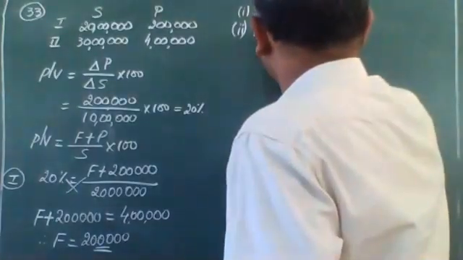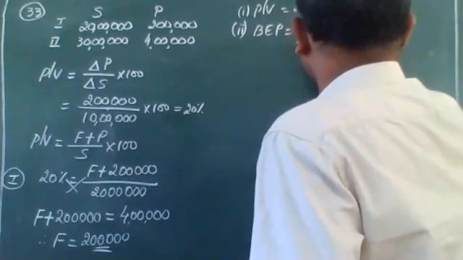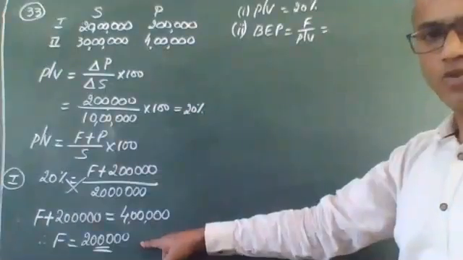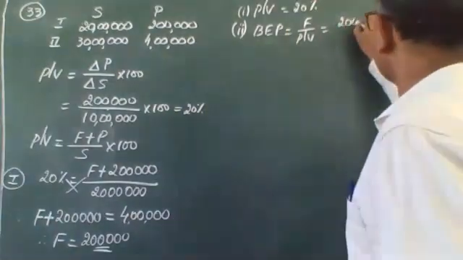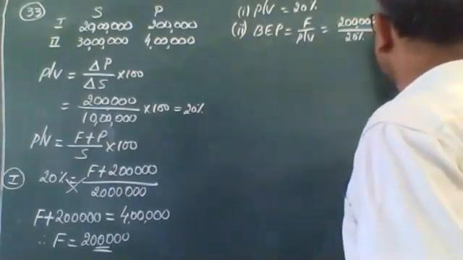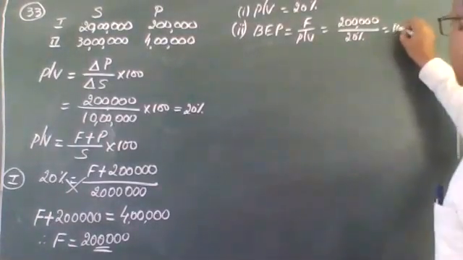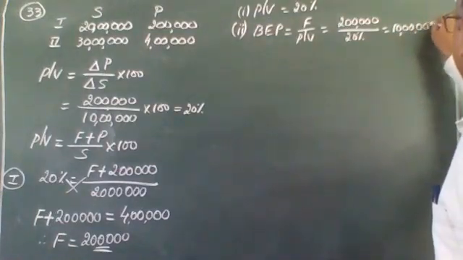For break-even point, I will apply fixed cost by PV ratio. Fixed cost, I know it is 2 lakhs, divided by PV ratio, which is 20%. So it is 2 lakhs divided by 20%. That gives you how much? It should be equal to 10 lakhs.